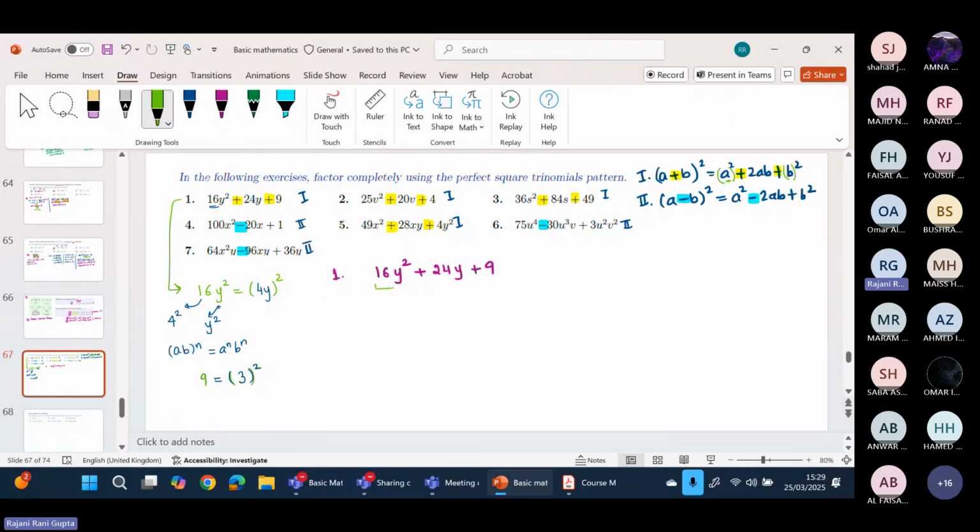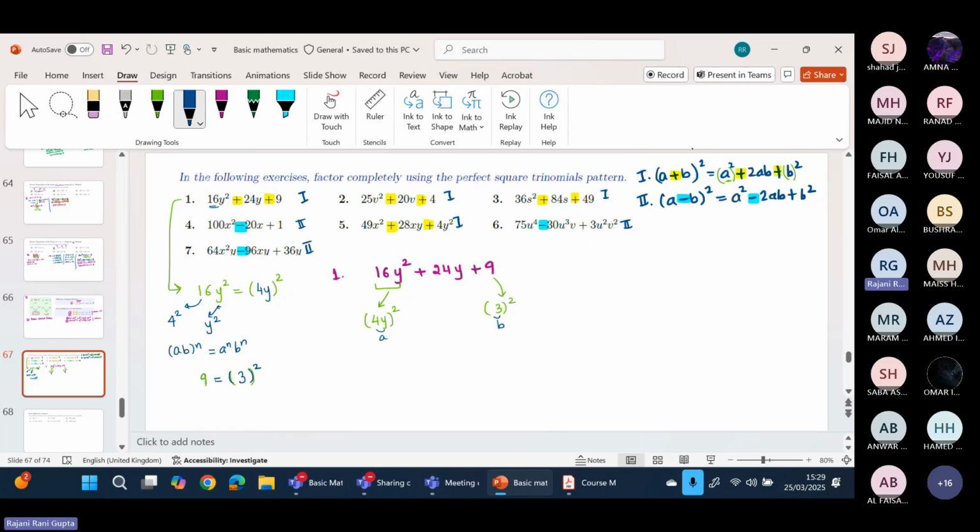Now, in place of 16y power 2, what can you write? 4y and its power 2. In place of 9, what can you write? 3 power 2. Okay, so this is your A, this is your B in this rule.